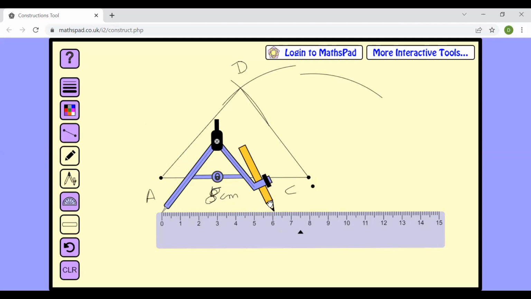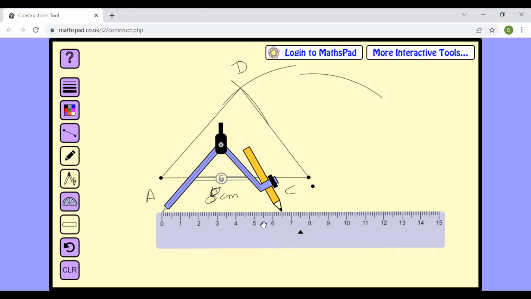Correct? And if you have to draw an arc of 6.5, then drag this pencil and keep it at 6.5. The 6.5 will be between 6 and 7. This shows 6.5. Do you know how to read a ruler?